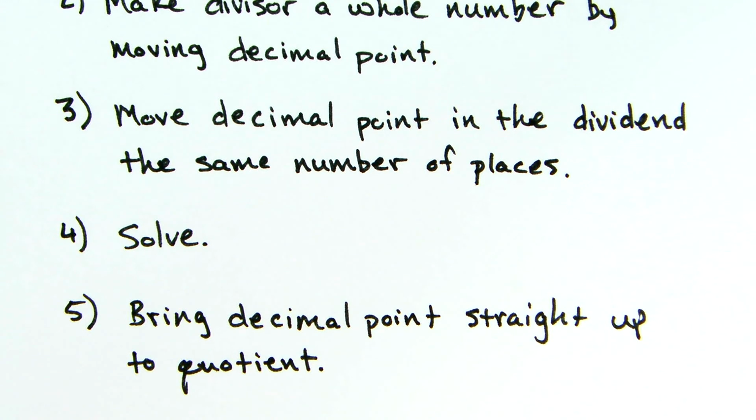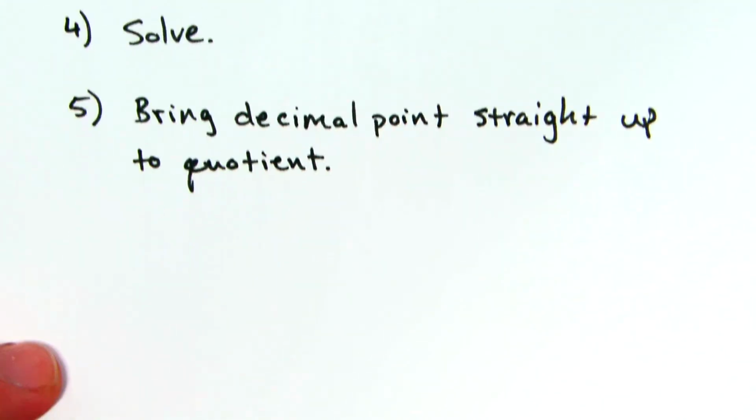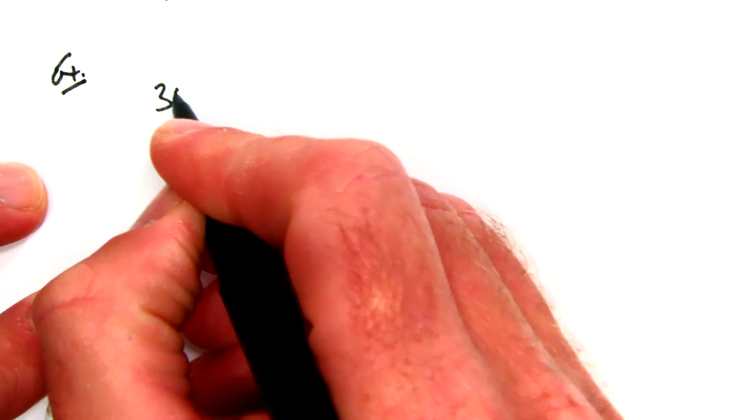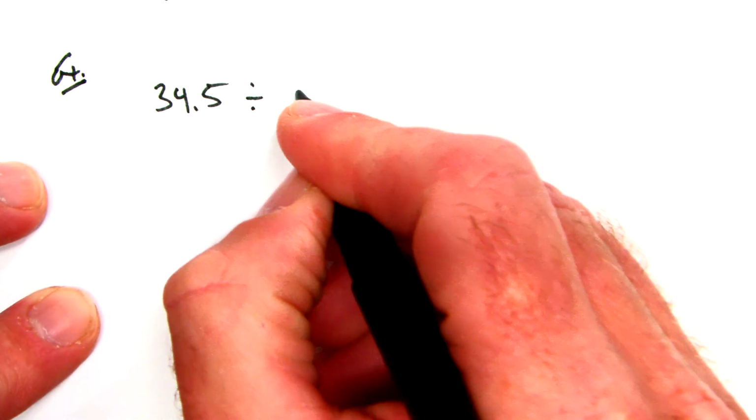So let's take a look at a couple examples here. Let's use our same numbers, but we're just going to put decimals in as our divisors. So let's take our 34 5/10, and instead of dividing by 3, let's divide by 3/10.